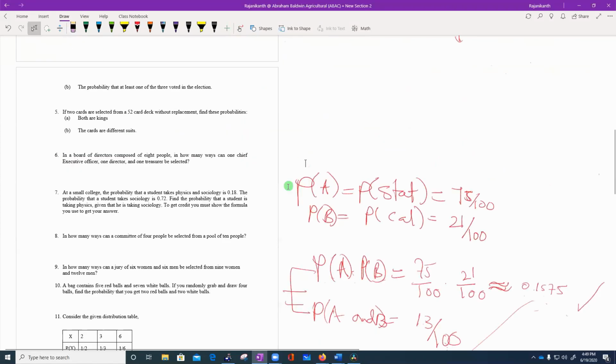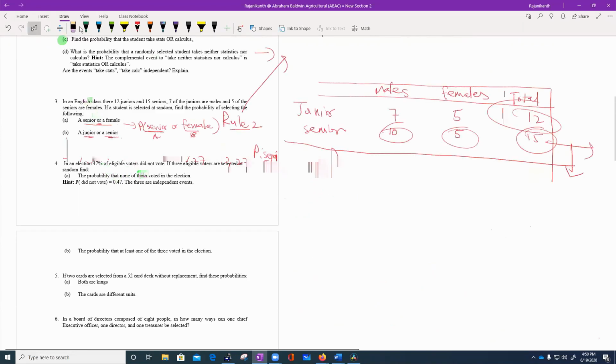Now, could you go ahead and read problem number 4? Okay, number 4. In an election, 47% of eligible voters did not vote. In research, they say that 47% of the people did not vote. If 3 eligible voters are selected, we are going and randomly choosing 3 people. We don't know whether they have voted or not, right?